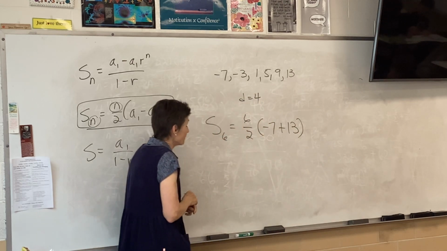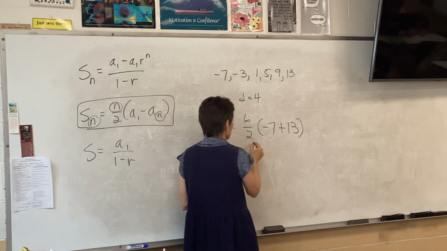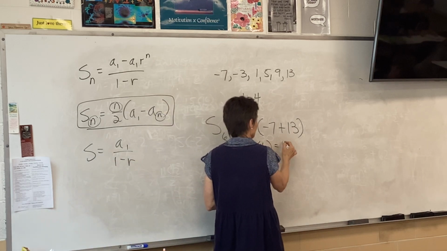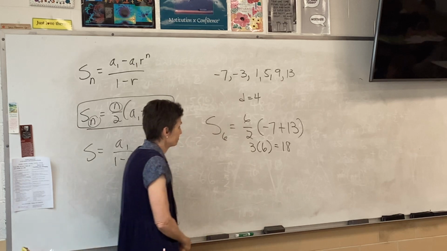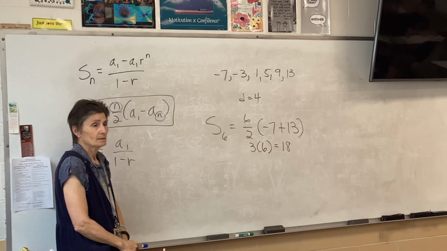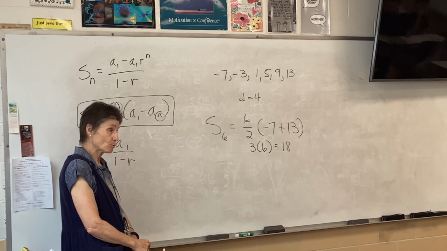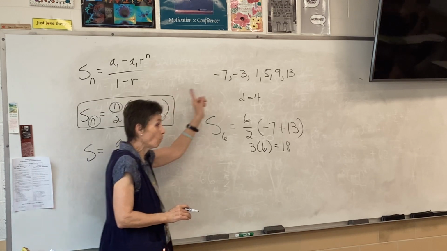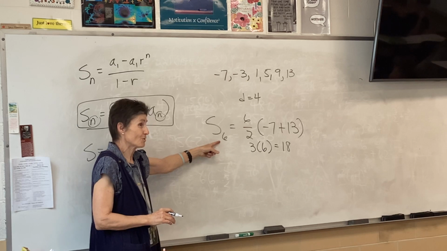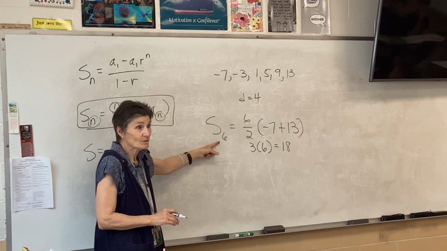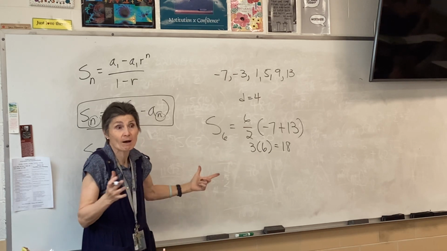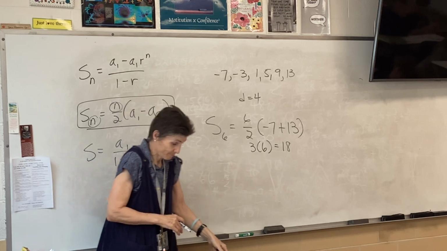So the sum of these looks like it's going to be 18. Is that okay? Now, if there had been 300 of these terms, it wouldn't have been any harder, right? So that's the beauty of the formula. It doesn't matter how many there are, you just do it.